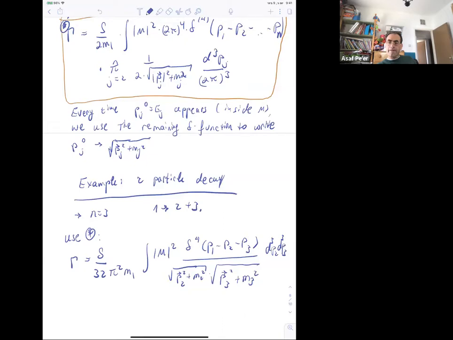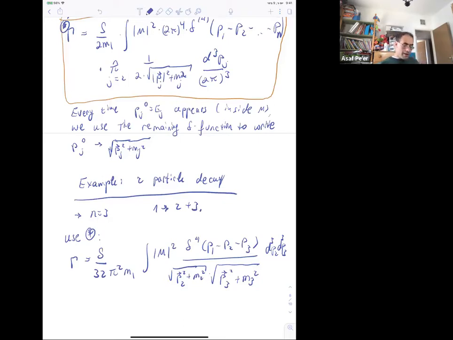Okay. You all with me? That's the integral that we need to solve.